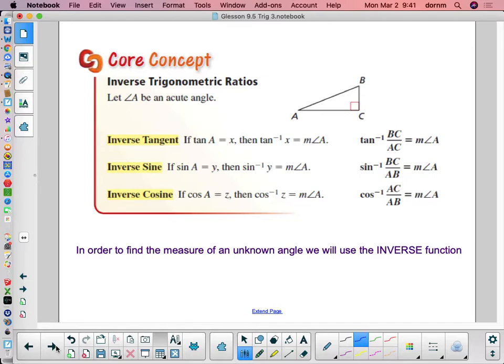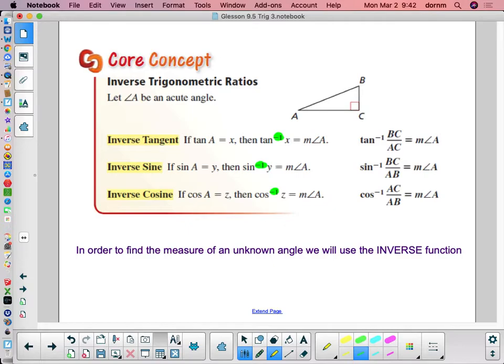How do I know it's an inverse function? Well, it's in the notation. Notice this little -1. That's representing that we are using an inverse function. When we see a -1 as an exponent above a function name, that's representing an inverse function.